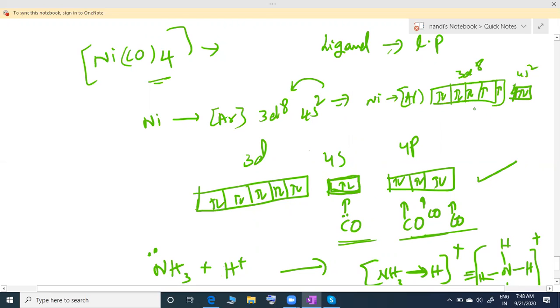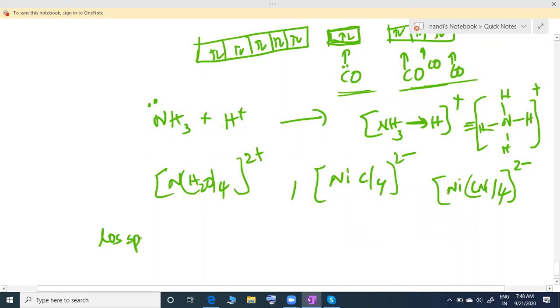There are two unpaired electrons before complex formation. After complex formation, is there any unpaired electron? All are paired up. So the number of unpaired electrons decreases after complex formation. Those complexes we call low spin complexes.